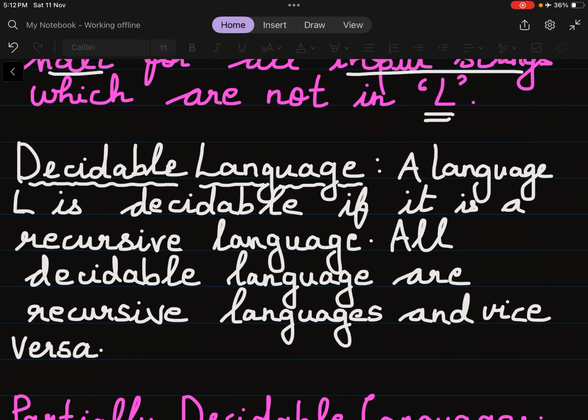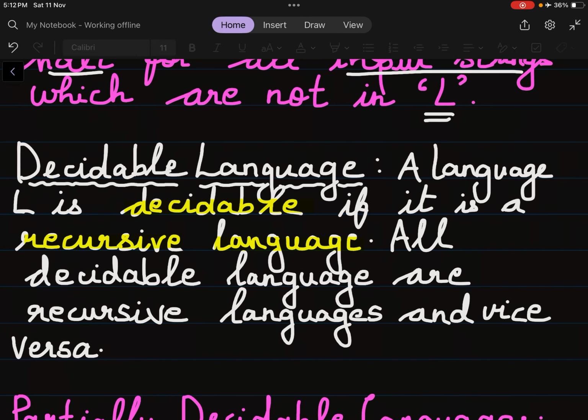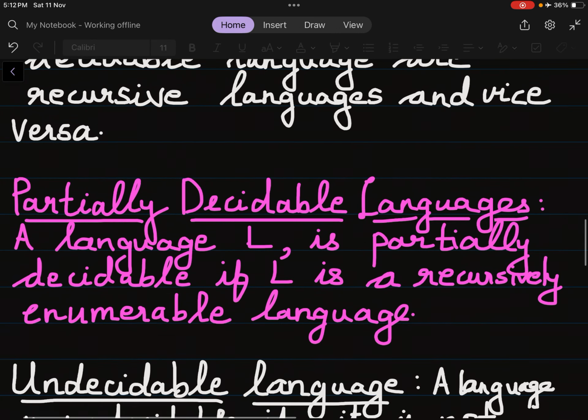So when it is a recursive language, we say that it is a decidable language. All decidable languages are recursive languages and vice versa. So a language is decidable if it is a recursive language.